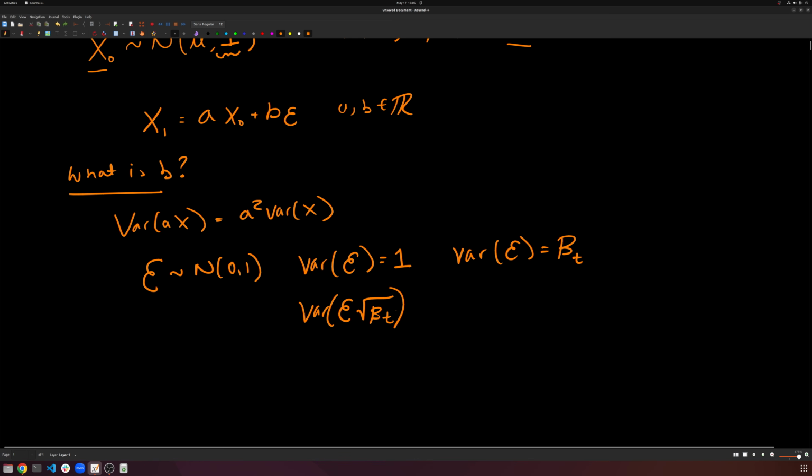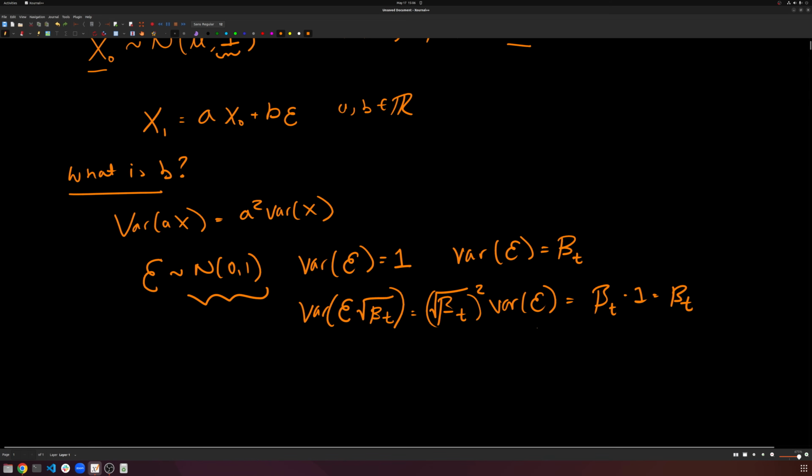So if we pull the square root of beta t out, then we have to square it, right? So this is the same as the square root of beta t squared, times the variance of epsilon. And the variance of epsilon, if epsilon is starting from a normal 0, 1, is just 1, right? Times 1. So that's equal to beta t.